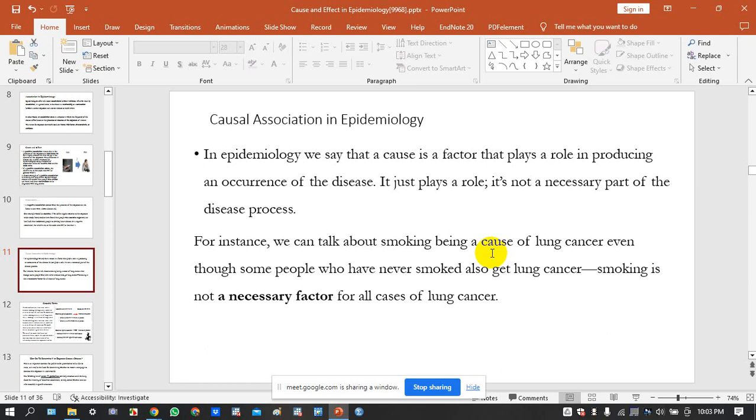But in literature, it has been found that passive smoking has effects, meaning that those who inhale the smoke are sometimes worse off than those who smoke themselves.